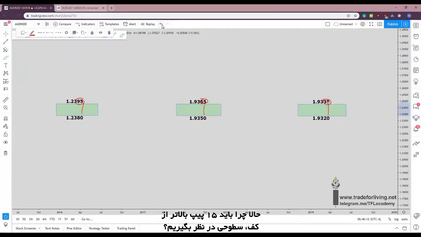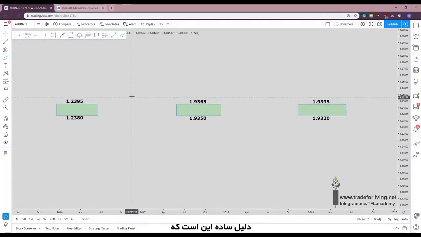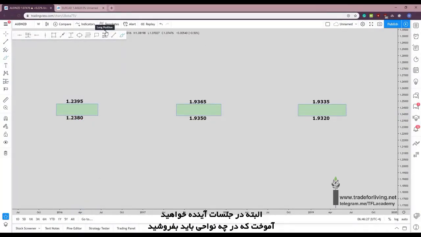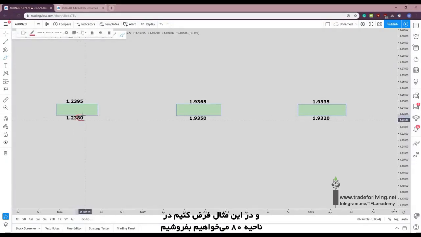Now, why do we need to put the box 15 pips above the strong number? The simple reason is because in this particular situation we are taking short. If you want to take short and you realize that the 80 is the level from which you want to take short, and you will learn how to identify from which level you want to take short in the next sessions, in this particular case we know that we want to take short from 80, okay?